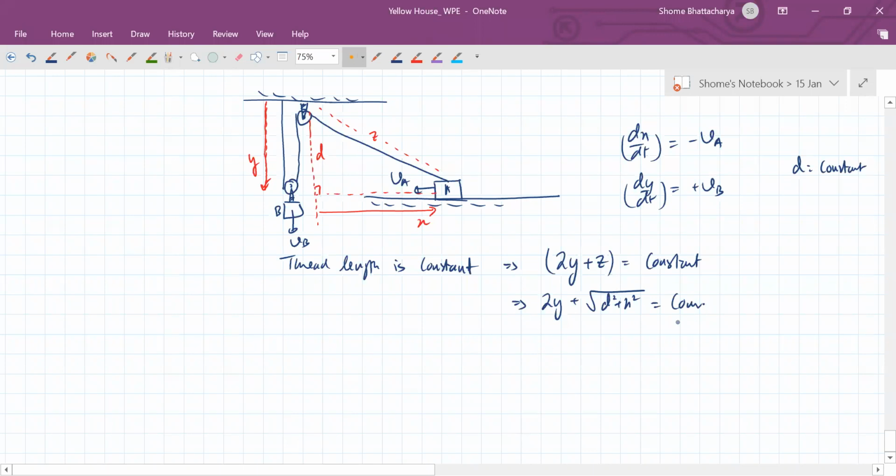So now what we'll do is we'll differentiate this equation with respect to time t.